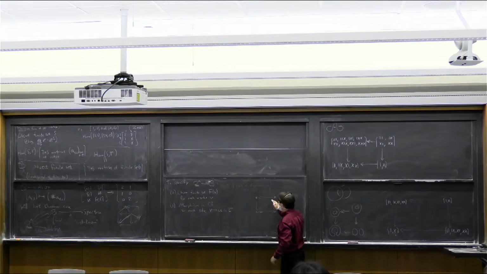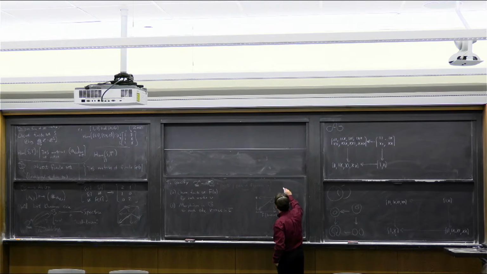Now, if I've given you the morphism for each edge, I've told you the map for this diagonal, but I've told you it twice. Here I gave you a map f of 1,1 to 1,0, and here I gave you a map f of 1,0 to 0,0.